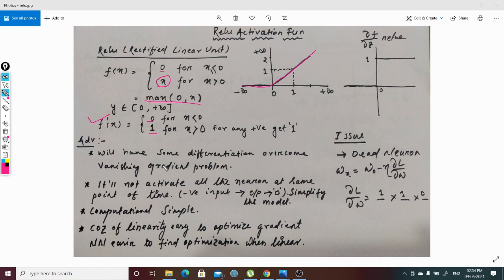We have some differentiation in overcoming the vanishing gradient problem. As we have already seen with the sigmoid activation function, while calculating the backward propagation, the derivative of sigmoid ranges from 0 to 0.25.